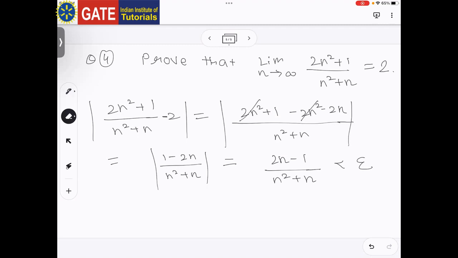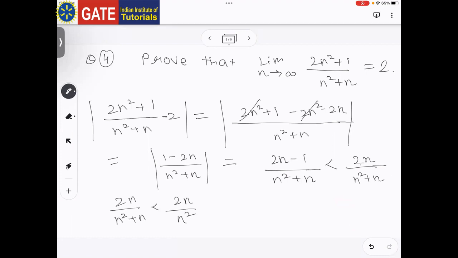If you do it this way, then you have to solve the quadratic equation. Instead of this, you do it: this is lesser than 2n/(n² + n), and this is again lesser than... So your 2n/(n² + n) is lesser than 2n/n², which is nothing but 2/n.